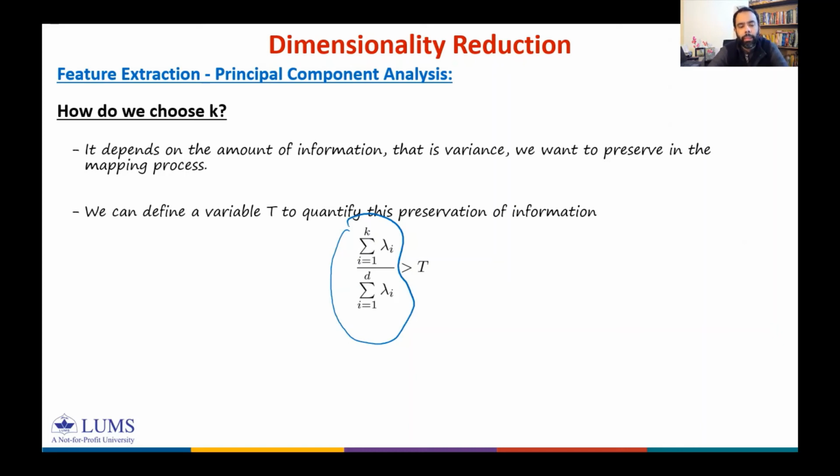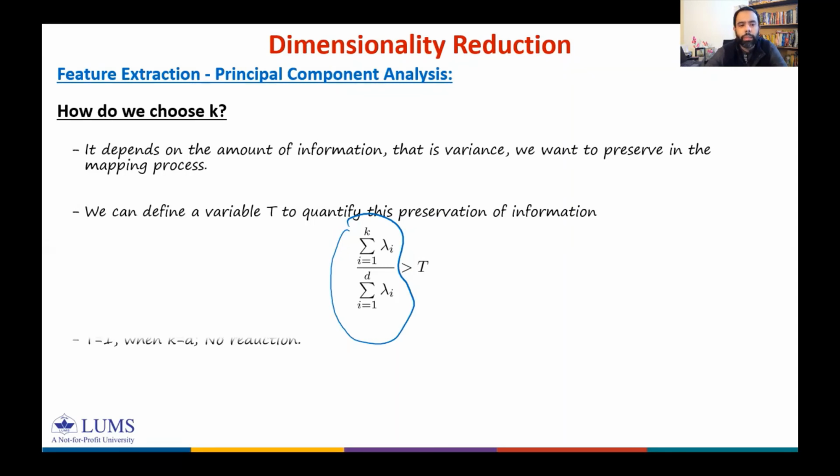So this quantity, in fact, is quantifying the amount of information we have captured in the first K principal components. If K is equal to D, this factor would be 1, right?